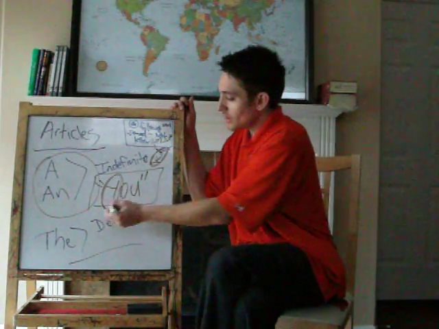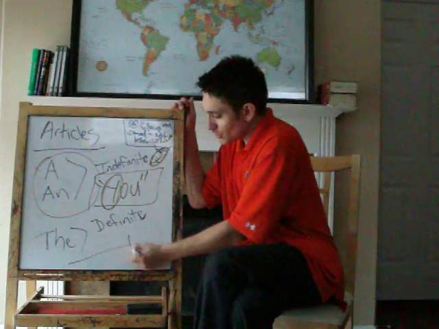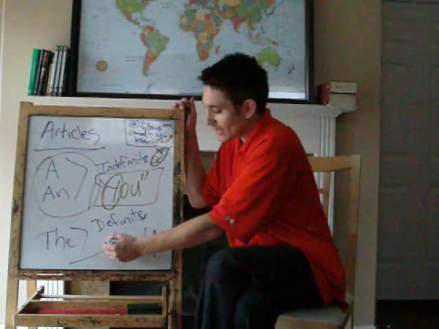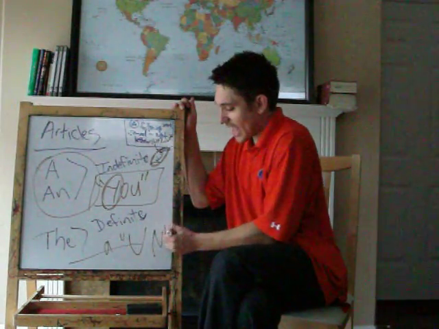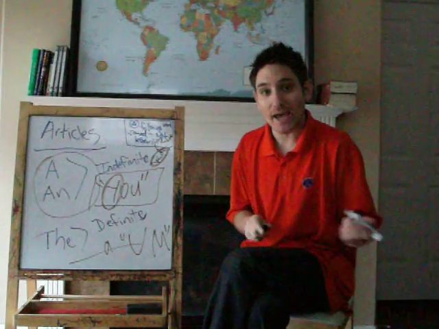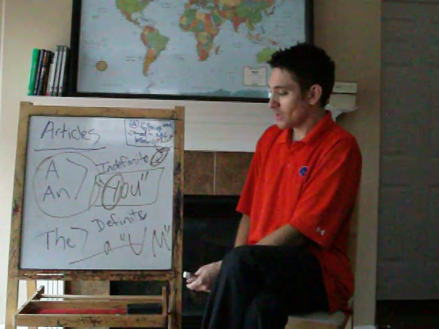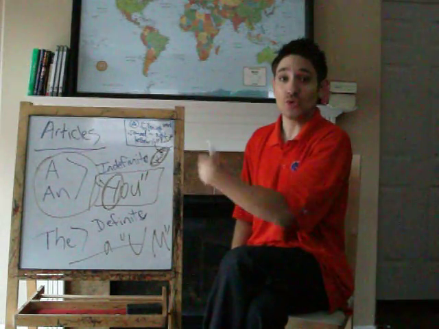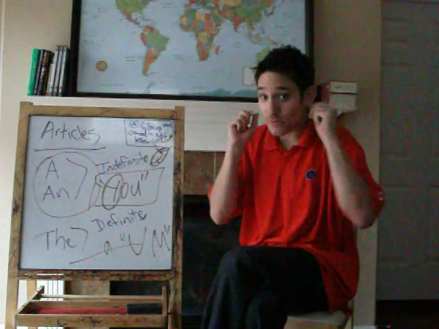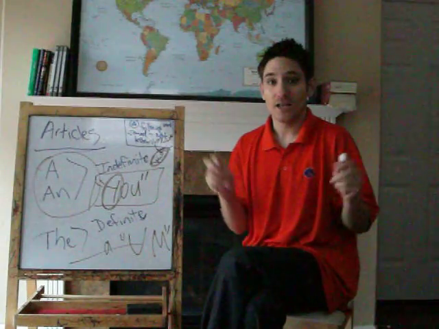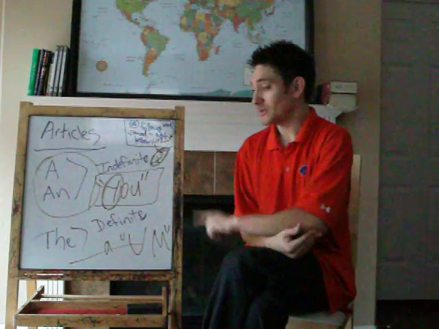Even though the letter U is the next letter, you're going to say a UM professor because UM starts with the phonetic sound of Y, which is a consonant. So it's a UM professor.